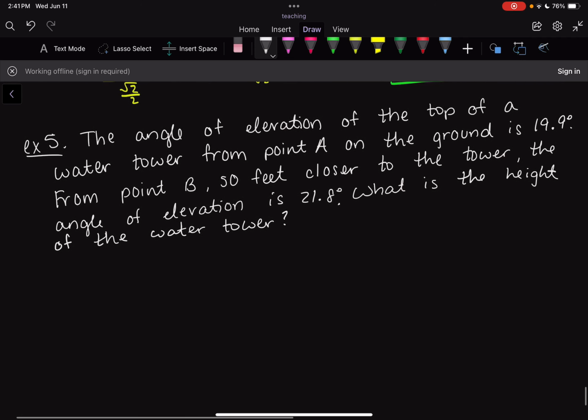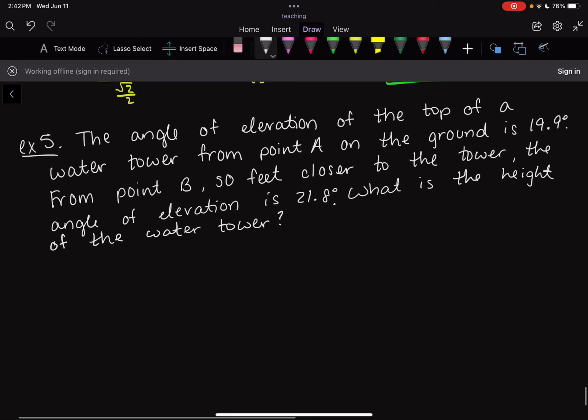So of course, I'm going to go ahead and draw our situation. Let me draw our water tower first, as best as I can. They always have these little lines on the bottom of it, I feel like. Oh, I just hit the mic, sorry.